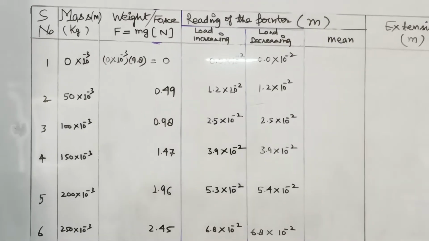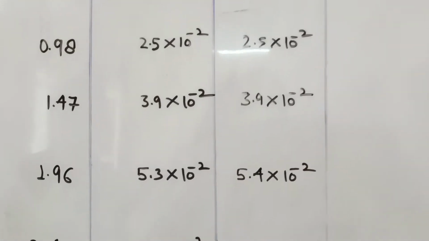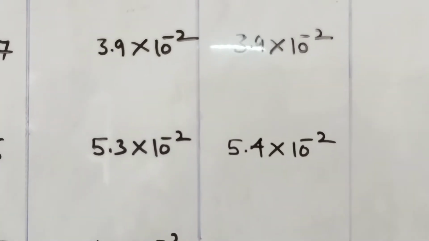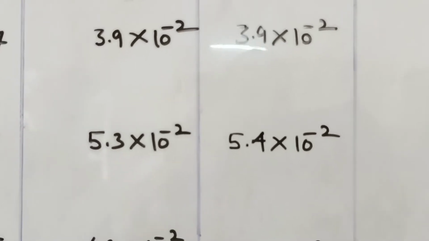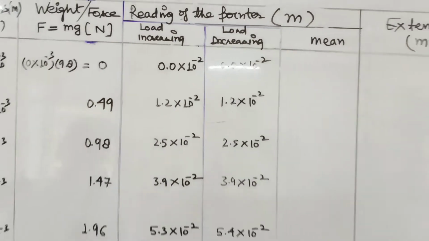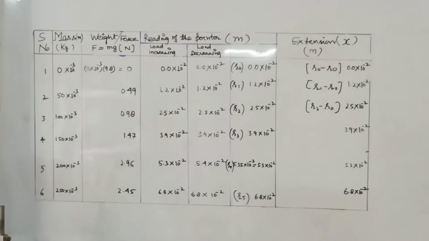It means after decreasing the load, you may have a slightly increased value. When we were increasing the load, it was 5.3, and when we were decreasing the load, it was 5.4. The same phenomenon may appear in other readings also, but in this case it is not like this, so there is no issue. Now the table is completed.